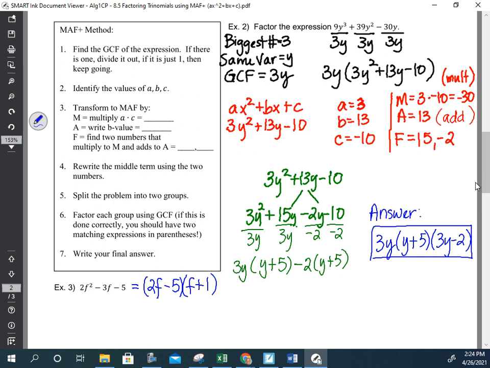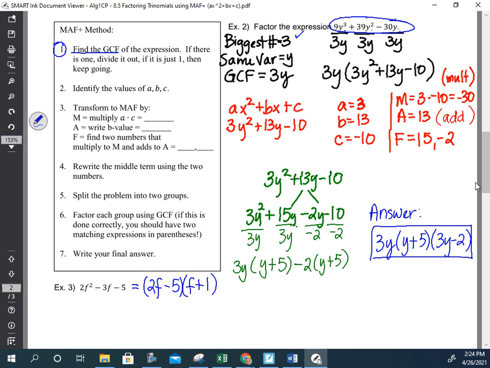So for example 2, you got 9y to the third plus 39y squared minus 30y. Steps are still the same. Step 1, find the GCF of the whole thing. You got 9, 39, and 30. You can divide out a 3.